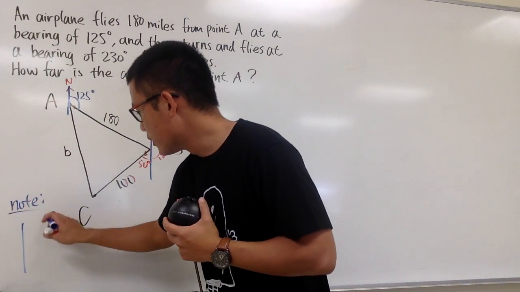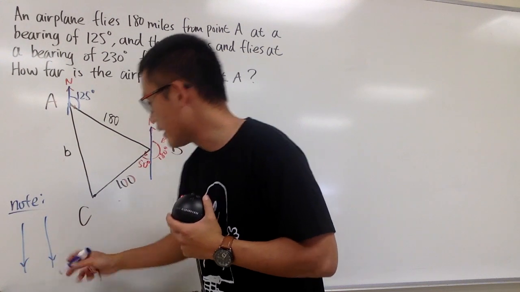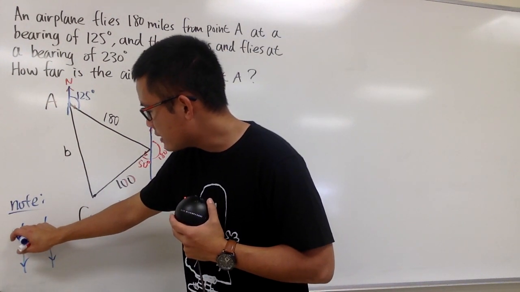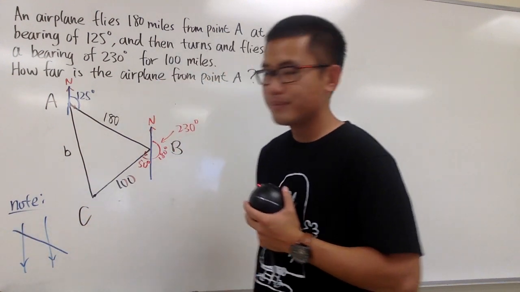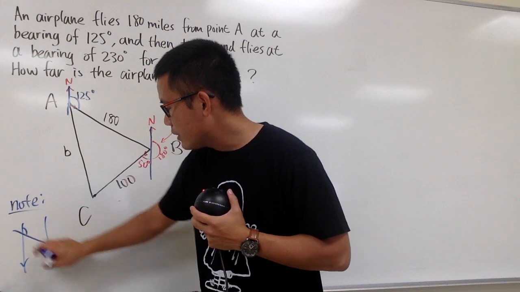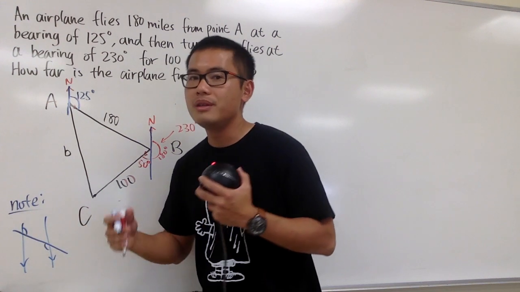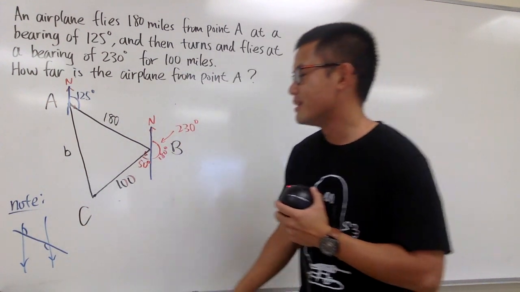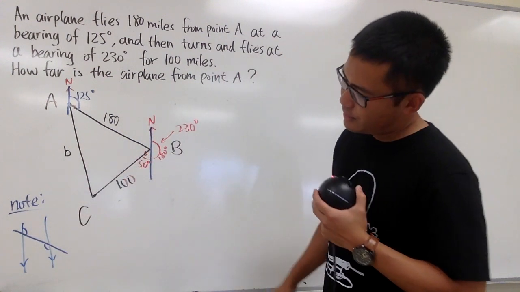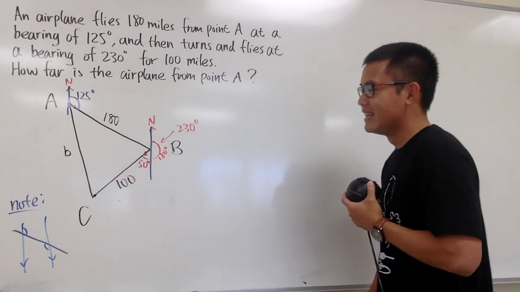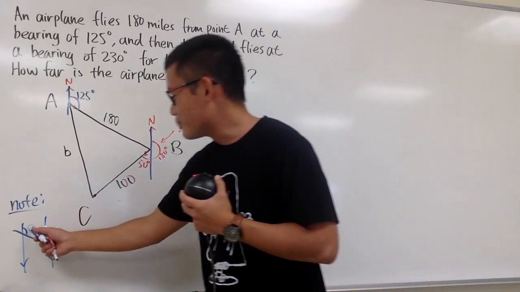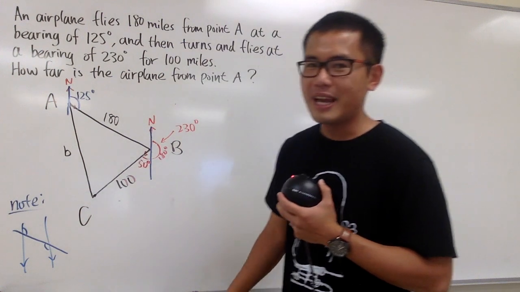And let me just make a note on the side for you guys right here. When we have two parallel lines, and let me just draw the parallel lines just like this, and when you have a line that goes across them, and this is called a transversal, we can say that this angle and that angle will be the same, will be congruent. This is called the alternate interior angle, something like that. I don't remember the exact name. Anyway, but most importantly, this and that have to be the same.